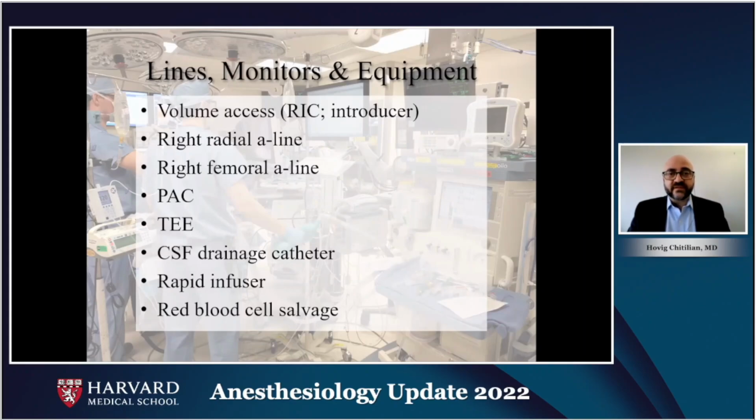A right femoral arterial line is placed to be able to monitor organ perfusion pressure during distal aortic bypass. And then, depending on the institutional culture and preference, a pulmonary artery catheter may be used, as well as transesophageal echo. Furthermore, for cord preservation, a CSF drainage catheter is placed, and then a rapid infuser and red blood cell salvage are also used.